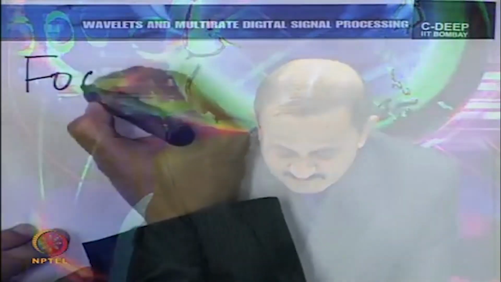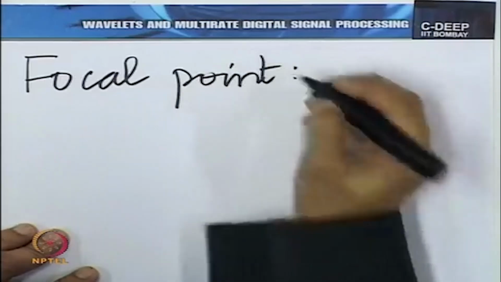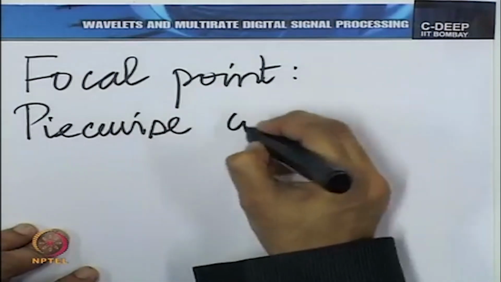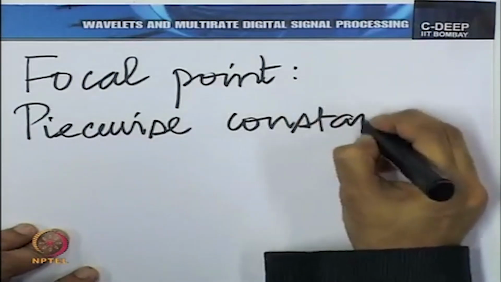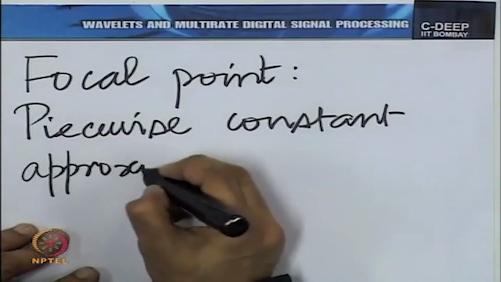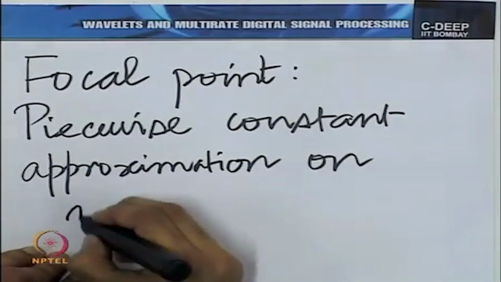So, let us write that down formally. The so-called fulcrum or focal point is piecewise constant approximation on unit intervals.